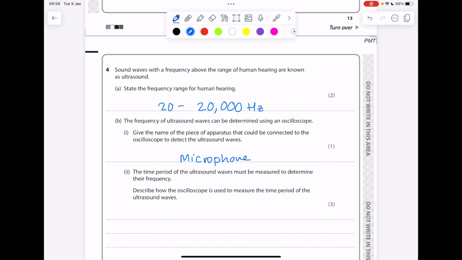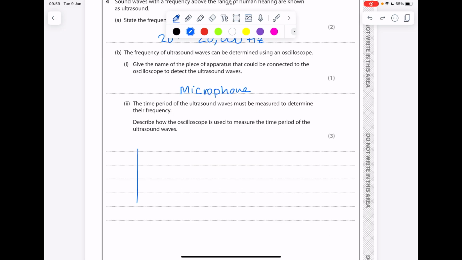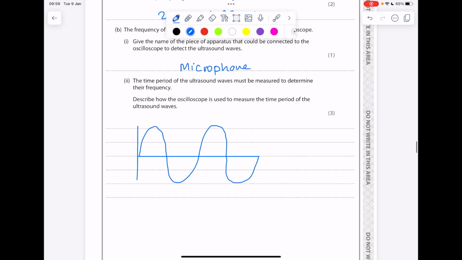The time period of the ultrasound must be measured to determine their frequency. Describe how the oscilloscope is used to measure the time period of the ultrasound waves. So remember, with the oscilloscope, you get this sort of thing where it shows you the waves, and then the time period is the time taken for one complete wave cycle.